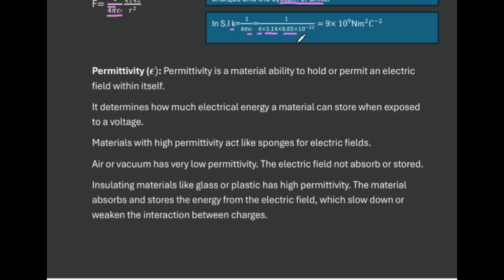This is the value of the permittivity of free space. Now if we calculate these values, we obtain the value of the Coulombic constant as 9 multiplied by 10 to the power 9 newton meter square per coulomb square, and this is the SI unit of the Coulombic constant.